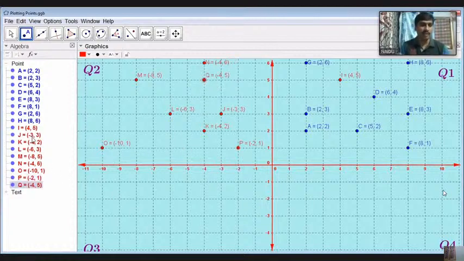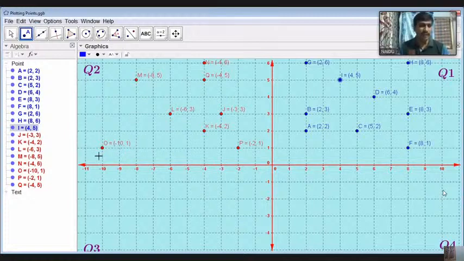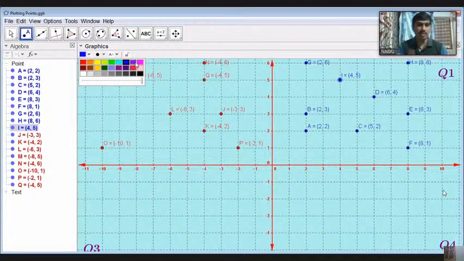Observe the red color marking, particularly except I. I is again on the first quadrant, so I am changing that now. So all these points lie in the second quadrant. If we observe, x is negative and y is positive. So for every point in the second quadrant, the x value is negative and the y value is positive. Observe. Now I'm moving to the third one. Let us observe, children, carefully.